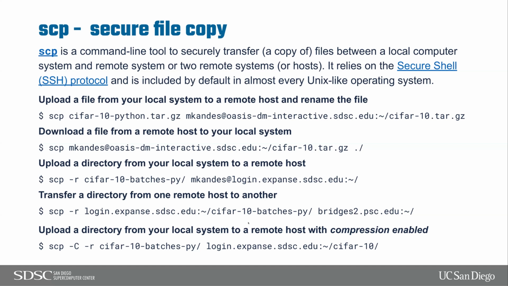If you're not familiar with that, we can definitely talk about that in the Q&A. And there are even fancy different flags where you can turn on compression. It will actually compress all the files in here before they transfer, so you can save space.